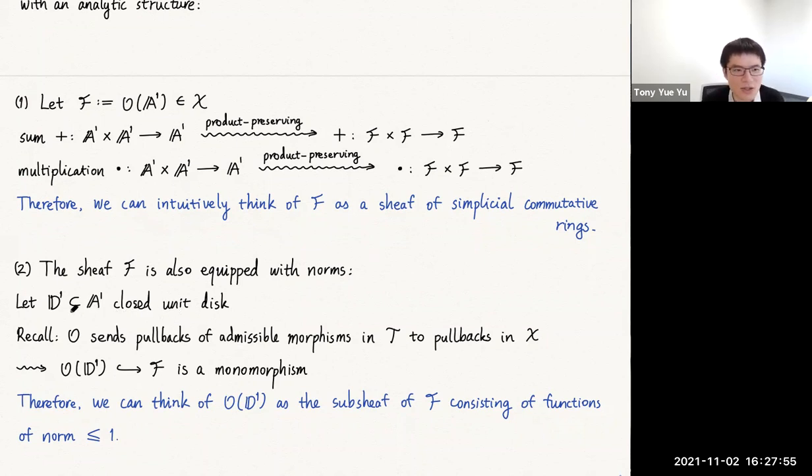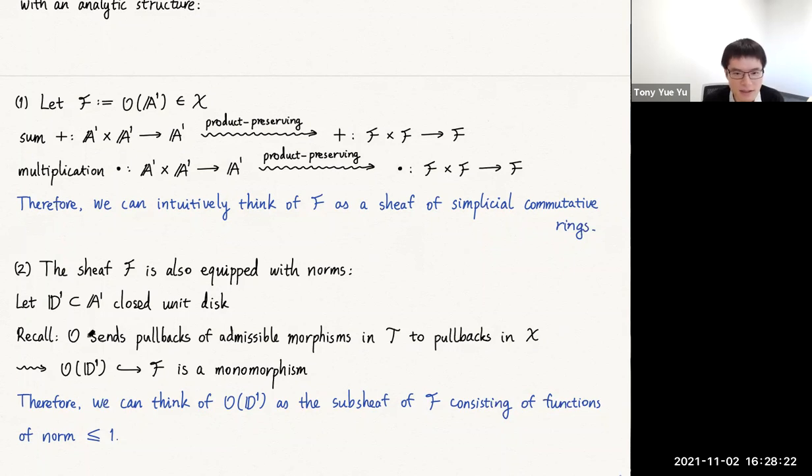That's also a smooth rigid analytic space, so it lives in our pregeometry category. And we recall that in the definition of a T-structure, O sends pullbacks of admissible morphisms in T to pullbacks in X.